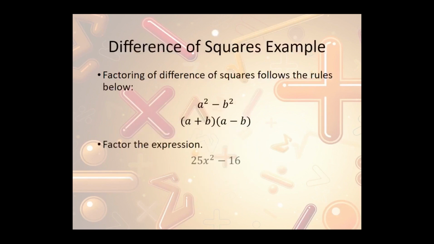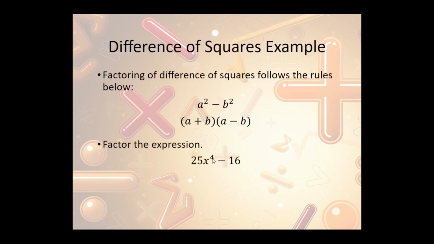Let's look at another example. We have 25x squared minus 16. Well, 25x squared is really 5x squared, and 16 is really 4 squared. So we can rewrite this as 5x plus 4 times 5x minus 4, and that's our factored version. Another example, 25x to the 4th minus 16.